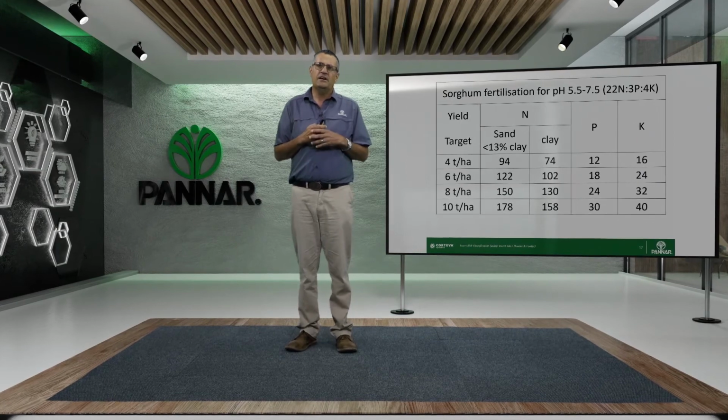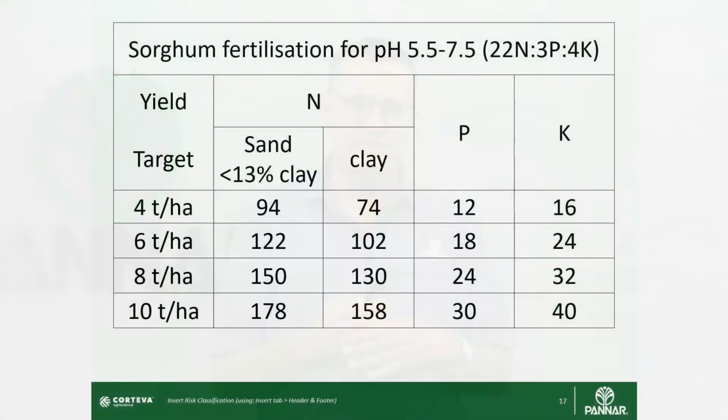For fertilizer in sorghum, again, yield goal is the driver, and we recommend a pH between 5.5 and 7.5. If you go below that, in acid soils, I wouldn't recommend sorghum, because it doesn't perform there, but it can perform at higher pH values. Sorghum needs at least 22 kilograms of nitrogen, 3 kilograms of phosphorus, and 4 of potassium to give 1 ton.